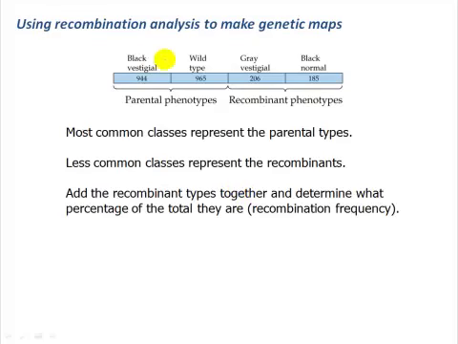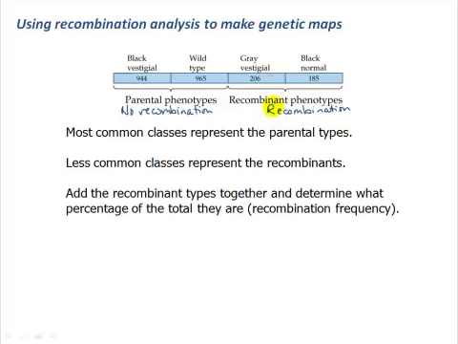The most common classes are going to be represented by the parental phenotypes where no recombination event occurred. The less common are going to be the phenotypes that were formed by a recombination event, right? Now remember, this is recombination happening during prophase of meiosis 1.